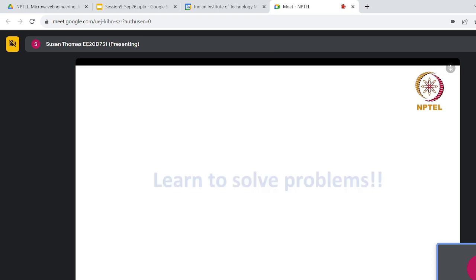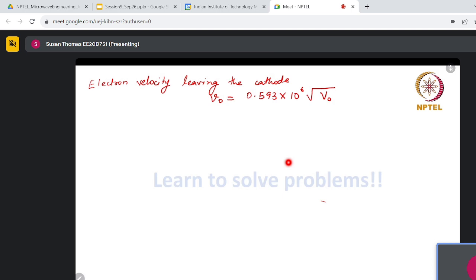Before I move to specific numericals, I would like to consolidate a few things. Say you have the electron velocity in the case of this two cavity klystron amplifier. The electron velocity leaving the cathode is v0 equals 0.593 times 10 to the power 6 times the square root of V0.